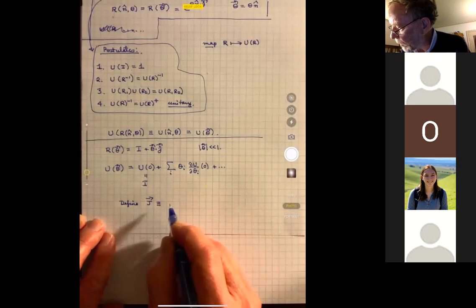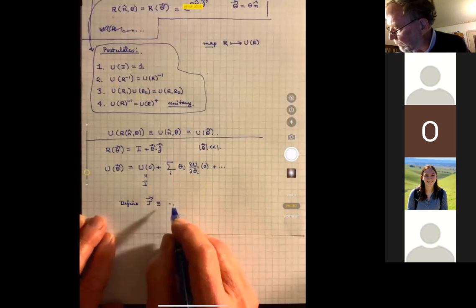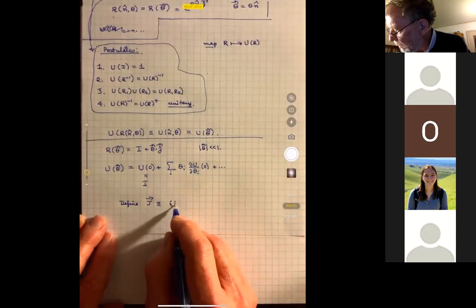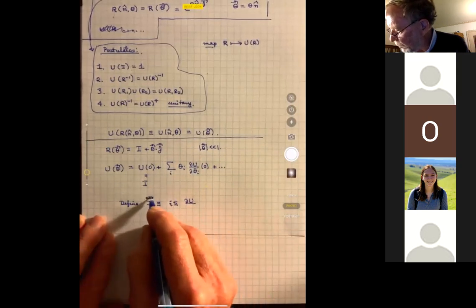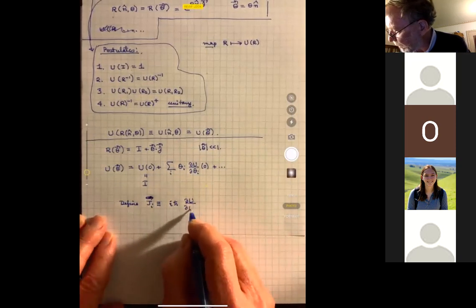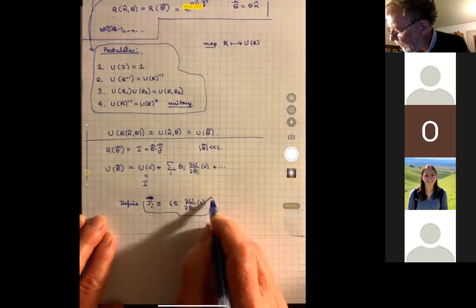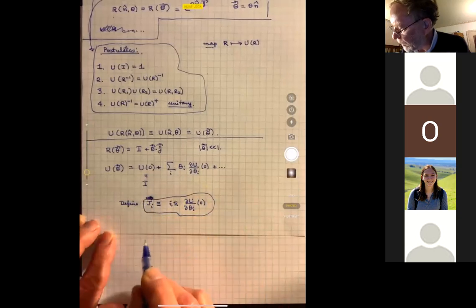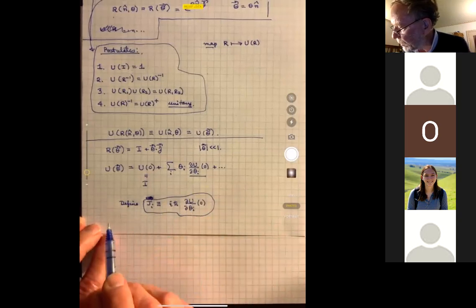It's defined in this way: J sub i, the ith component of J, is i h bar times the partial of U with respect to theta i evaluated at 0. Put a box around that. That's a definition. It's just a way of defining these operators, the derivative operators here.